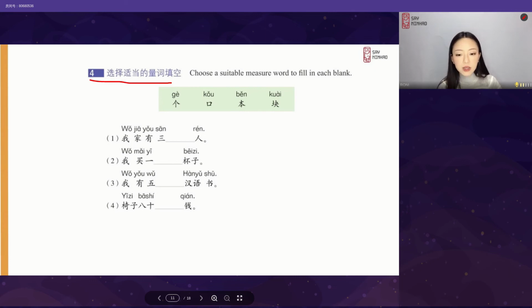And next let's move on to this exercise, new exercise. Choose a suitable measure word to fill in each blank.